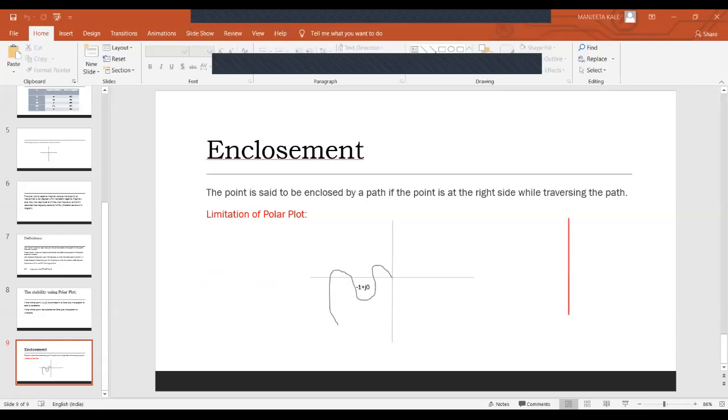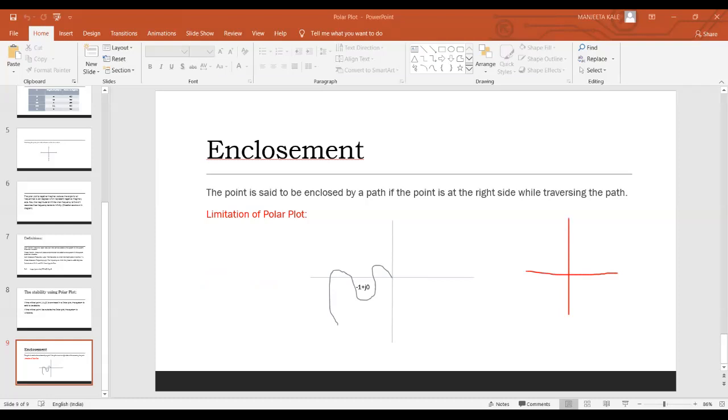So suppose you have this path. When we consider a path, the direction is important, and you are considering this point. When you are going in this direction and then moving in another direction, the point lies on the left half of this path, right?